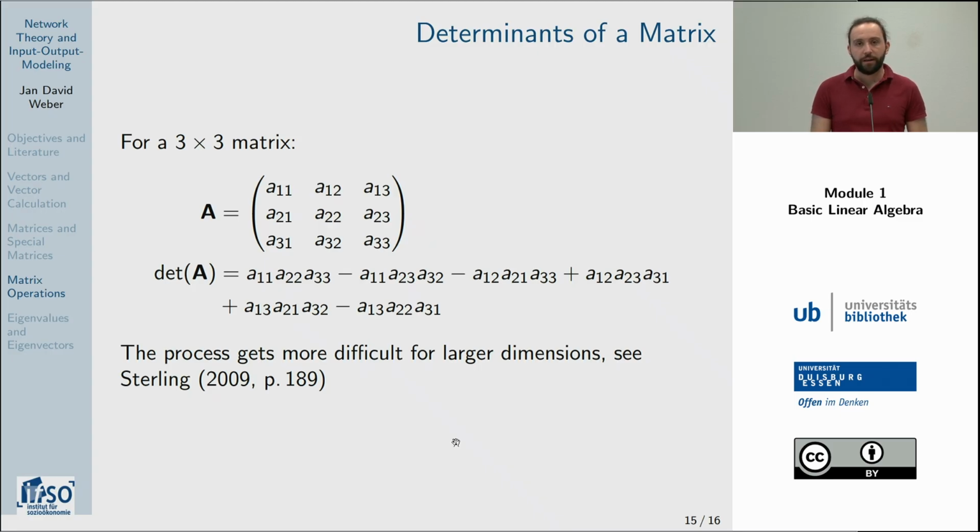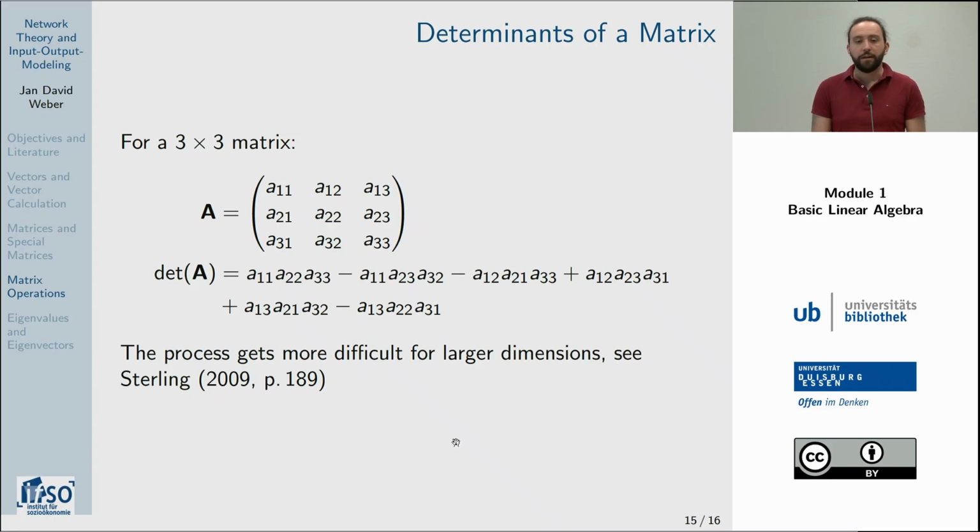That's not something you do on the back of a receipt to calculate this determinant. And there are also ways to calculate determinants of larger matrices. But this is really, really calculation intense. This is something you do for fun if you go for a math degree.